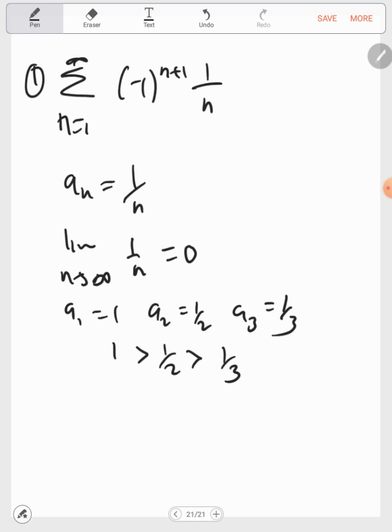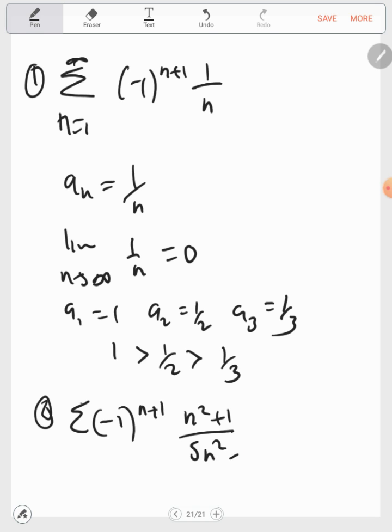Okay, so that's done. Let's go to the other one, where we have the sum of minus 1 to the n plus 1, times n plus 2 over 5n squared plus 1. So let's just rewrite that.